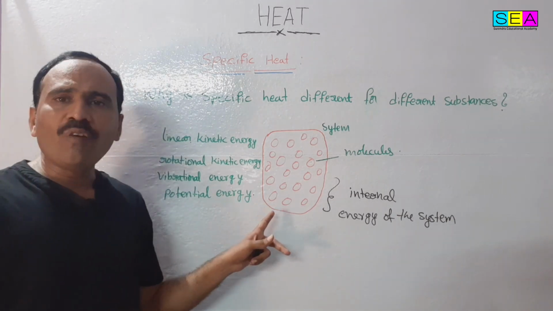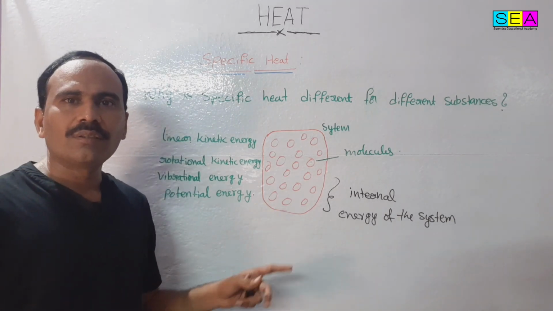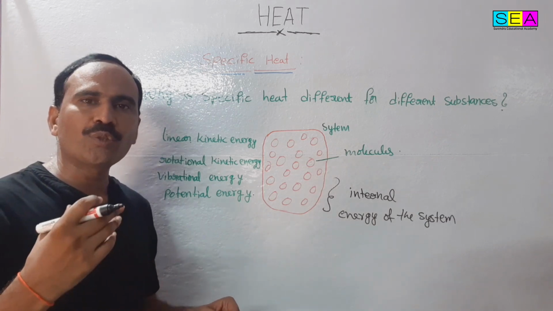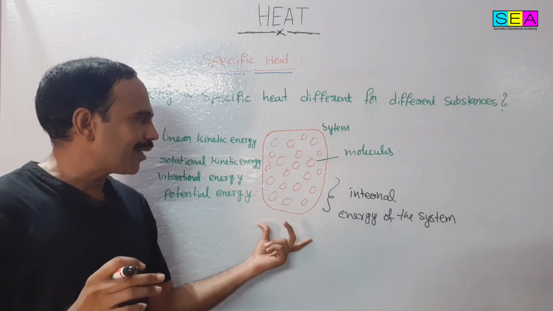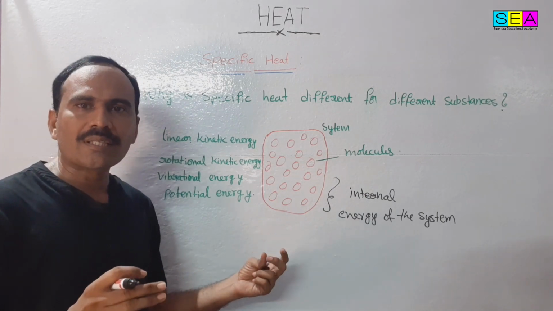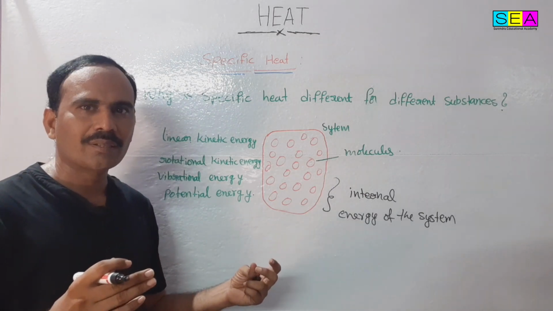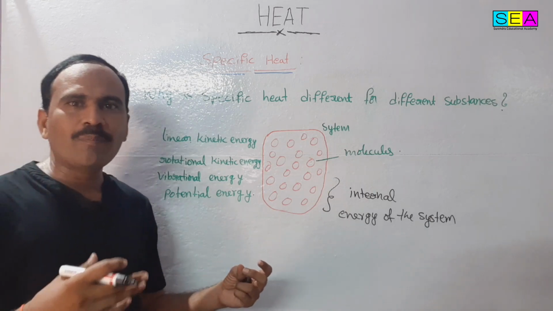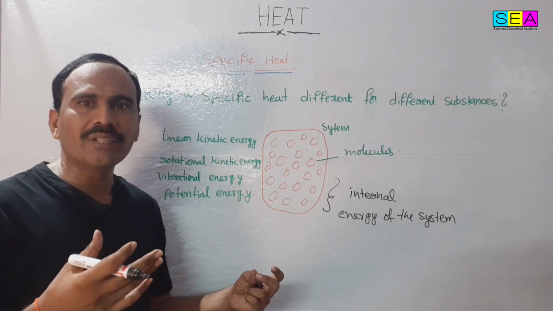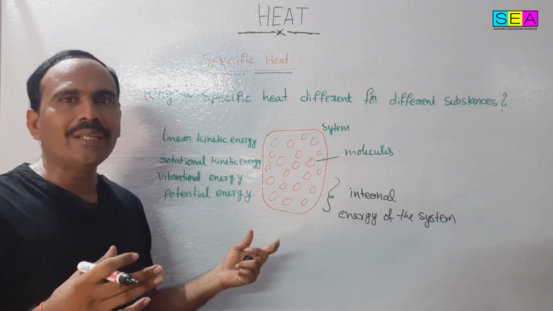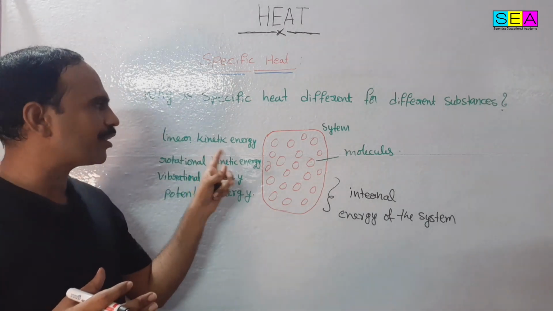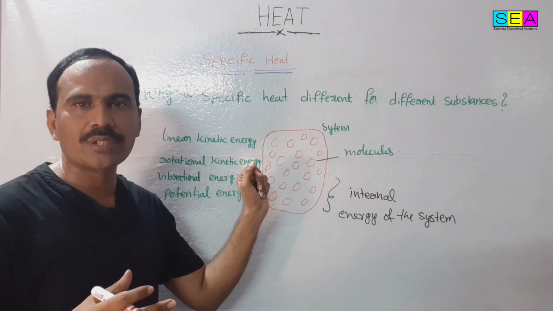The sharing of heat energy also varies from substance to substance. If the rise in the temperature of the substance is high, that means the maximum shared heat energy in that system is converting into linear kinetic energy among the molecules.